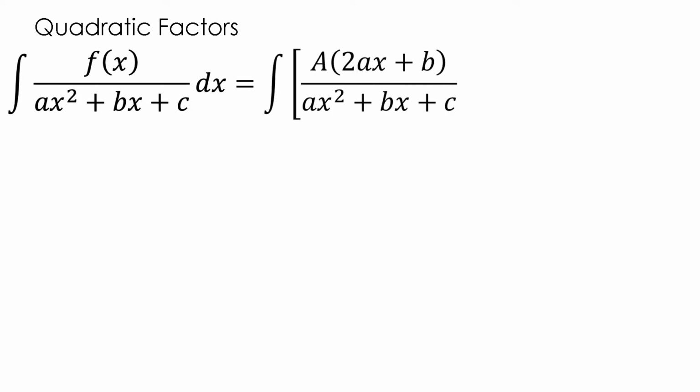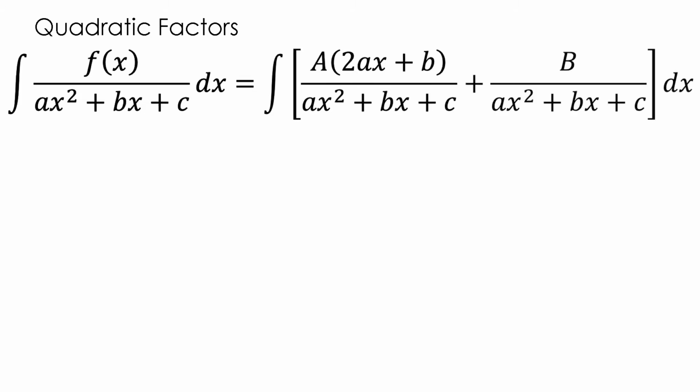This will become equal to the integral of A, which is the constant, times the quantity 2ax plus b all over ax squared plus bx plus c, plus B, which is a constant, divided by ax squared plus bx plus c times dx.